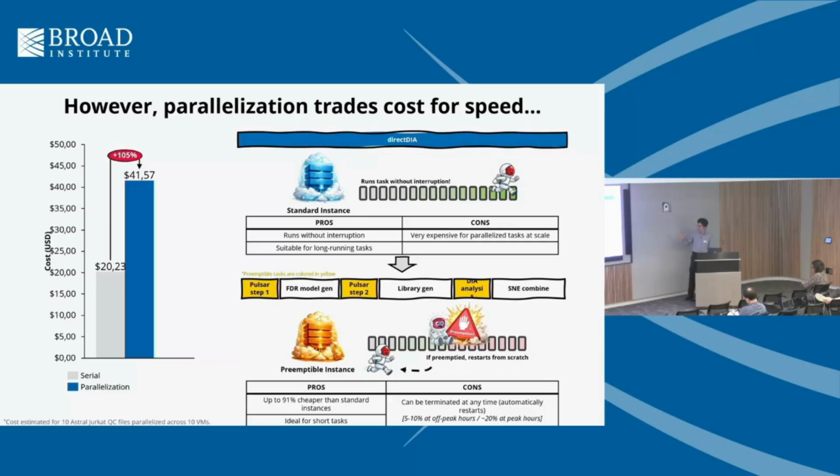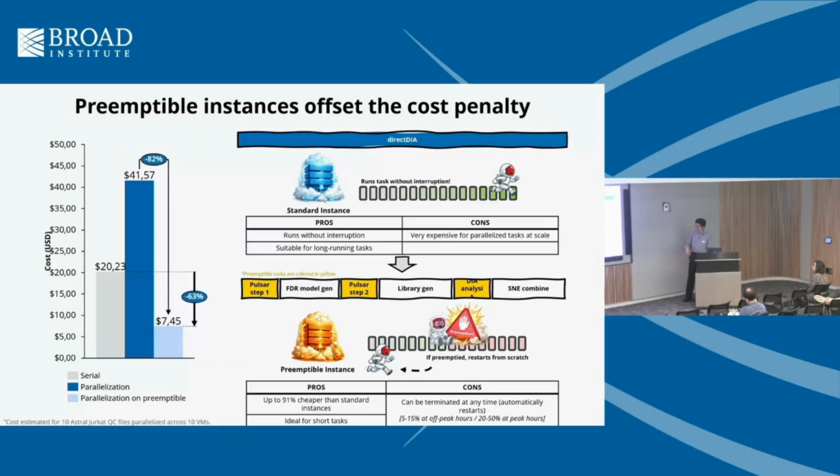In this new parallel workflow, we're running these yellow highlighted tasks on preemptible instances, and this is what it does to the cost. Instead of $40 on the standard instances, we're now driving the compute cost down to less than $10, which is even cheaper than the serial workflow, which originally cost about $20.